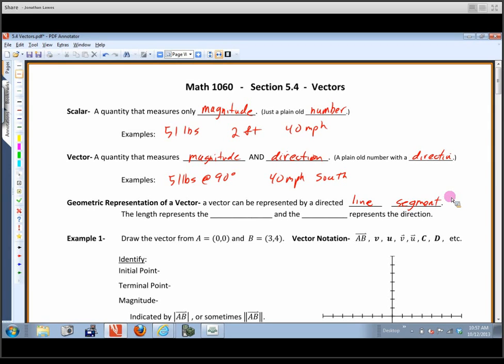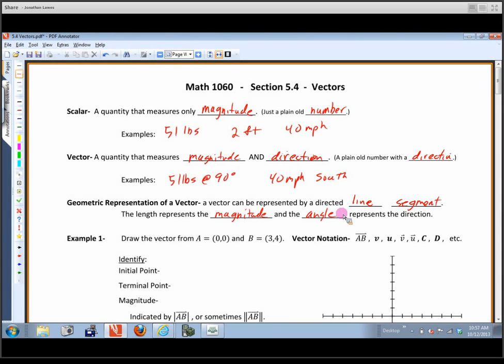So the length of the vector represents the magnitude. So how long we make the line segment will represent the magnitude of the vector. And the angle at which we draw the vector, that's going to represent the direction.